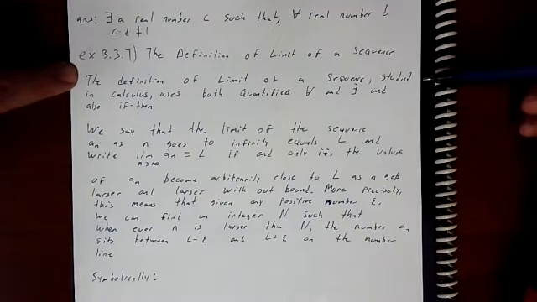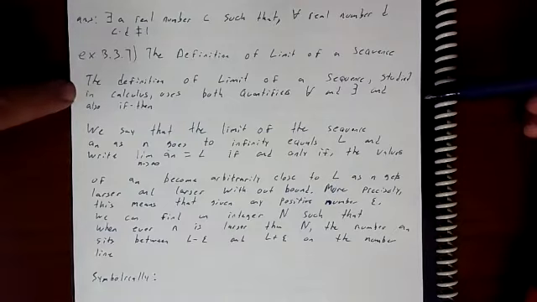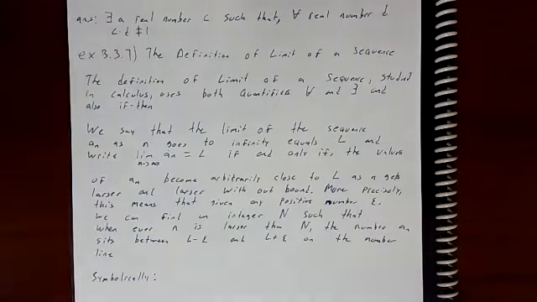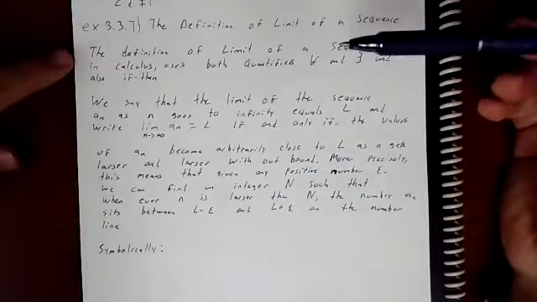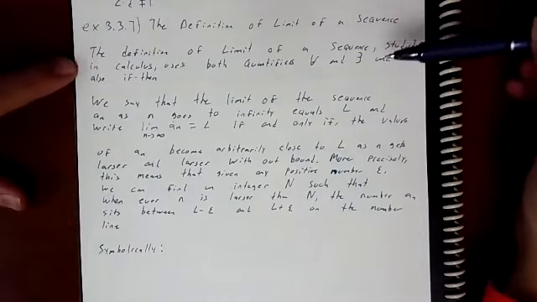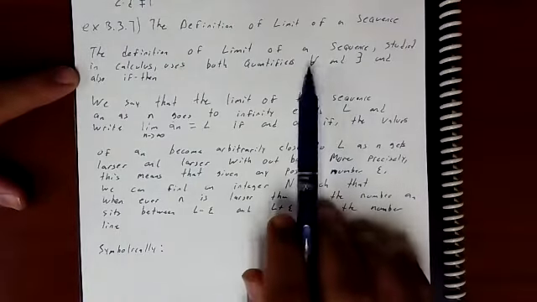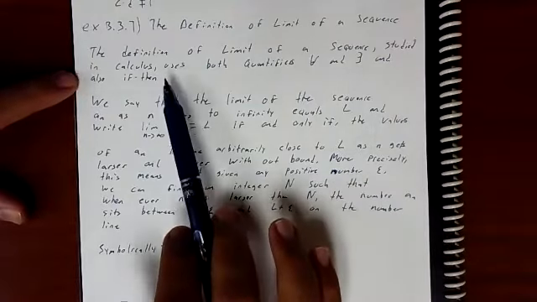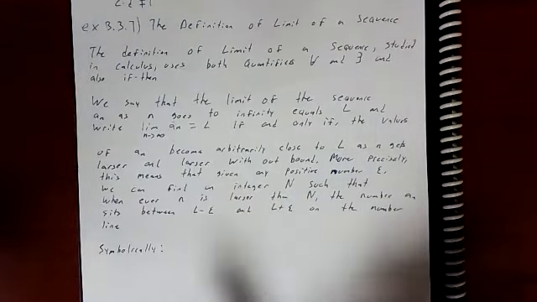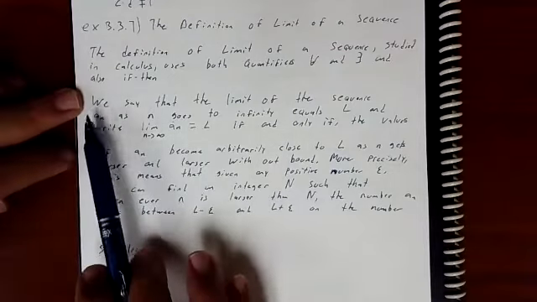The definition of the limit of a sequence studied in calculus uses both quantifiers, for all and there exists, but they also use an if-then. So it's a long, complicated definition, as we can see.